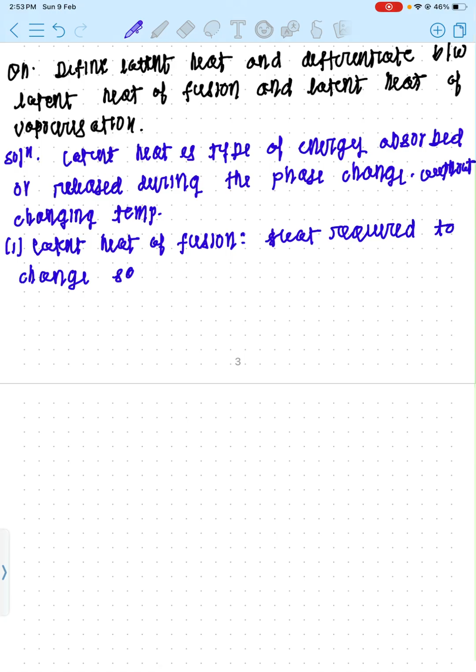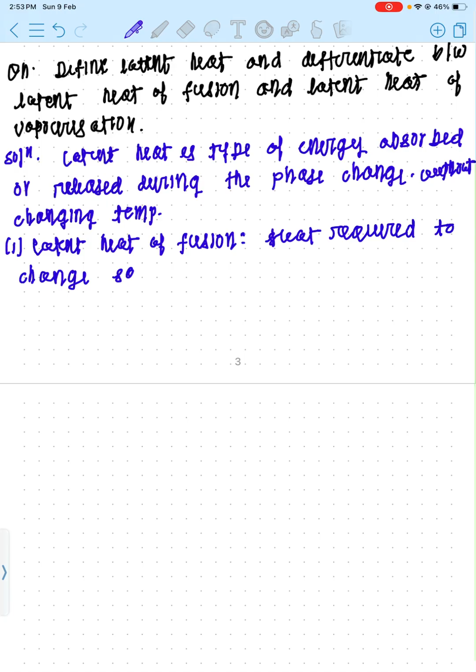This happens at the melting point, right? The change of solid into liquid at its melting point without changing the temperature is called the latent heat of fusion, right?